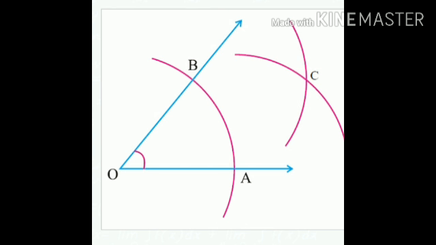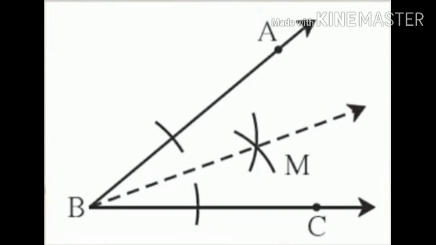That point is joined to point B. It forms ray BM, which makes two equal parts of the angle.